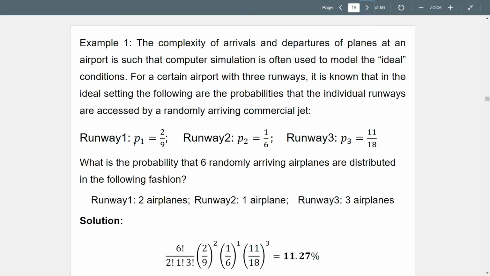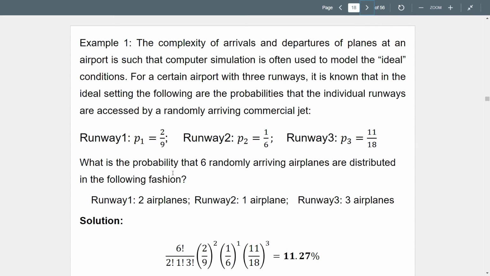At runway 1, the probability of success is 2 over 9. Runway 2, the probability of success is 1 out of 6. And runway 3, we have a probability of 11 over 18.